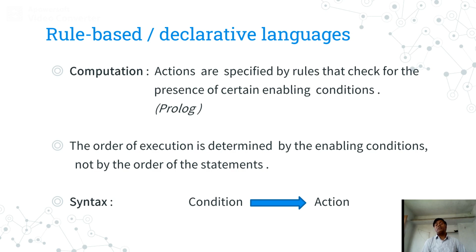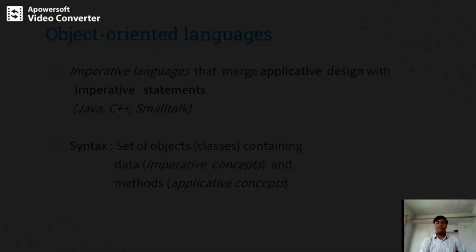The main difference from imperative languages is that in imperative languages the order of execution is determined by the order of the statements, one by one, and then the output comes, but here it is determined by the condition. If one condition is true, then the next action is performed.